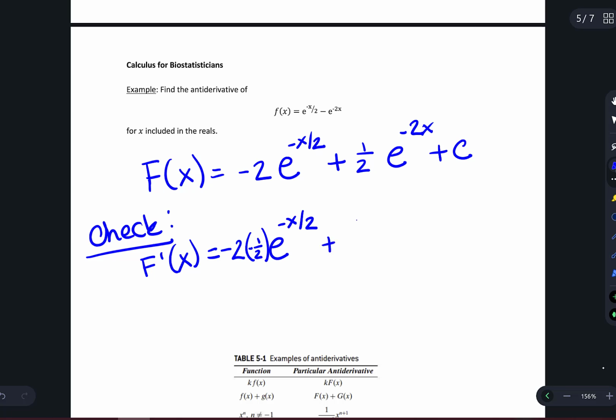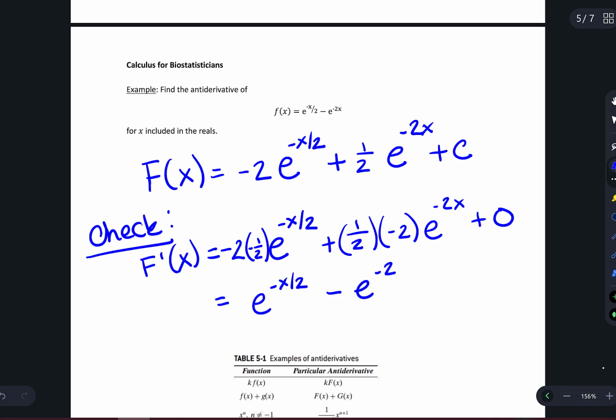Similar for the next term, I'm going to have 1/2 times -2 times e to the -2x plus 0, because the derivative of the c is 0. Notice this is going to give me e to the -x divided by 2 minus e to the -2x, which is equal to my original function, so I get back to exactly what I want.